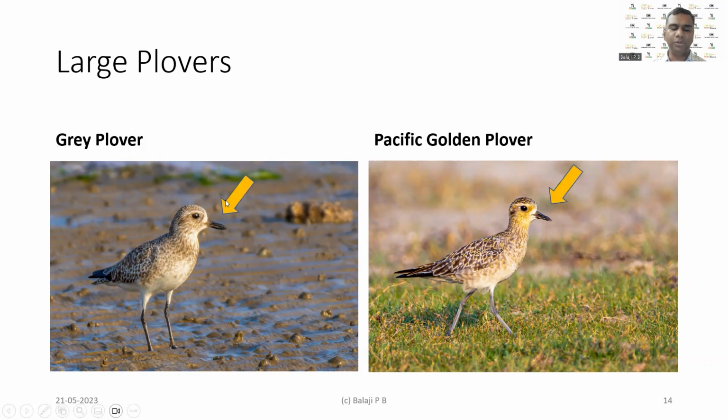In the grey plover, as you can see, the beak is very stout, whereas the Pacific golden plover has a relatively slimmer beak. But both birds are very similar in size, so it can be a little bit of a challenge. But if you can get some pictures, you can easily identify it at your leisure with the help of the markings on the body and also the beak shape.